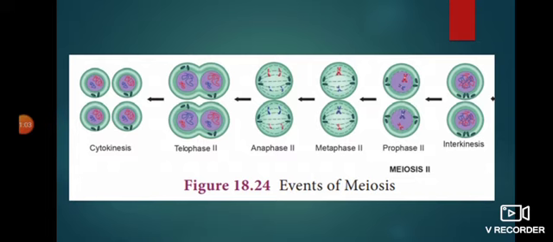And during telophase 2, 4 daughter nuclei are formed from 2 cells. During cytokinesis 2, 4 daughter cells are formed with haploid number of chromosomes. This is called 4 gametes from one cell.